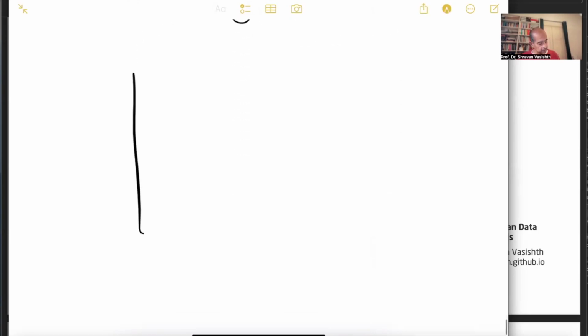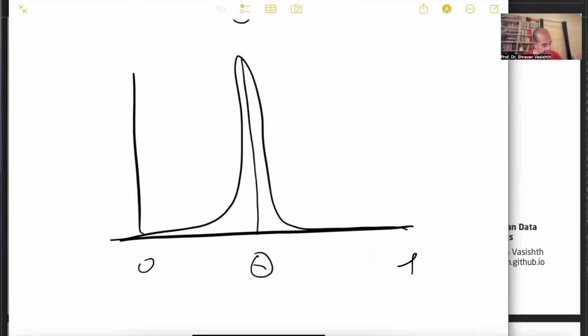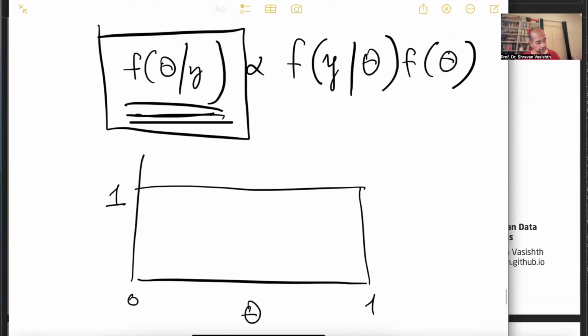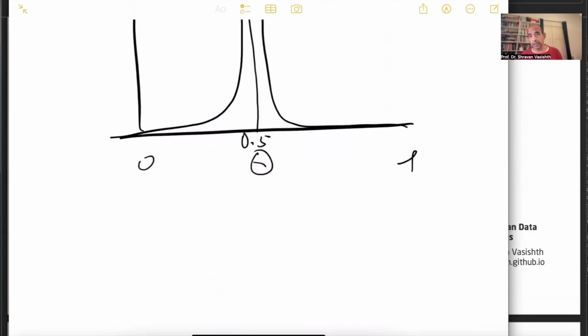Yet another prior I could define could be something like this: I could have very tight certainty that theta is very close to 0.5. So these are different priors, and of course, there are infinitely many possible priors that you could come up with. I'm just showing you three plausible examples, depending on what you think are plausible values for theta.